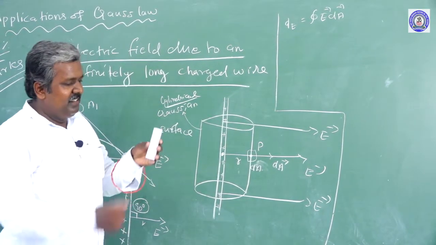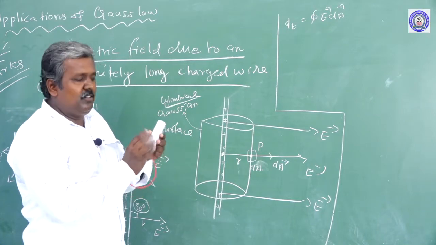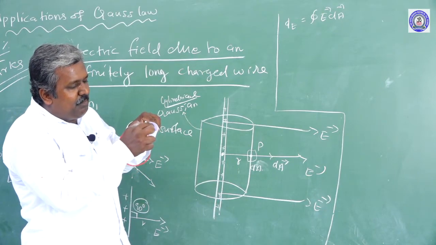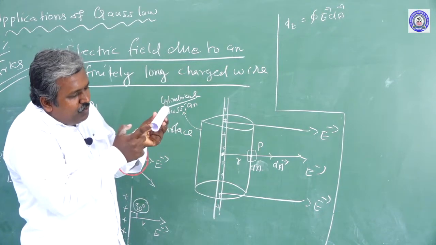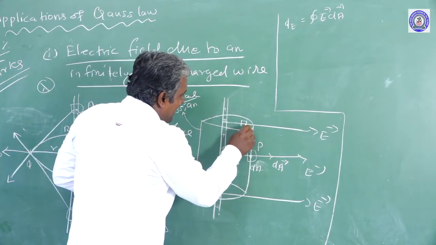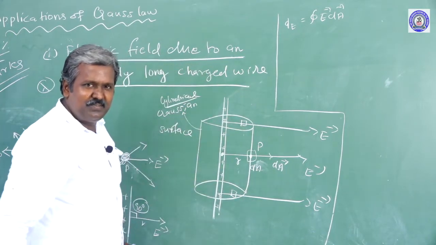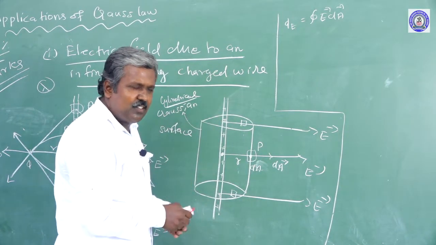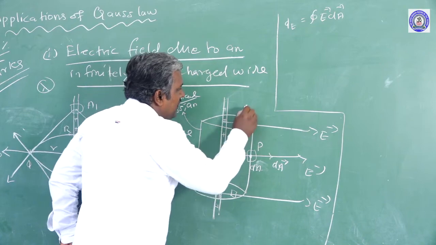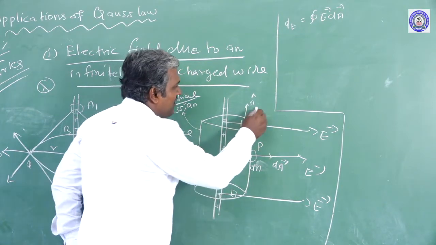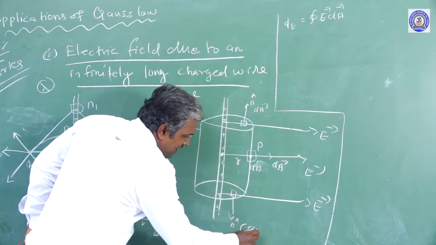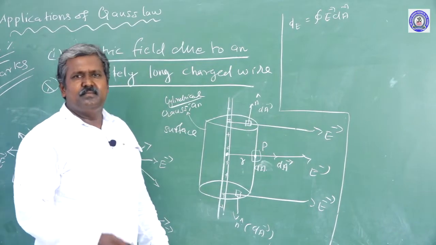Here flux is due to this curved surface 1, the top surface 2, and the bottom surface 3. We must consider all three. At this point and this point also, the electric field does not change, it is constant. But this is a small portion of the entire Gaussian surface. This is n cap, the normal, dA vector. Similarly, on the bottom surface also, n cap, dA vector.